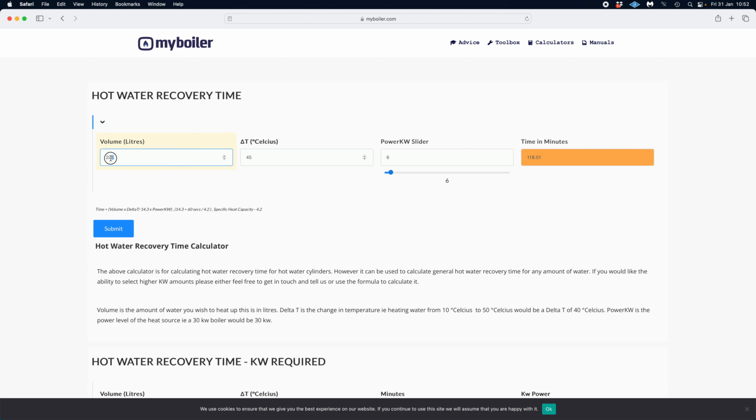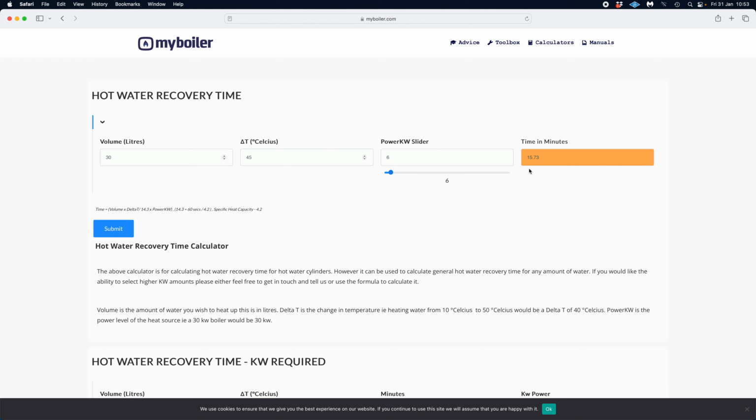So let's pull up 30 litres, and we want to raise that, I would say again, to around that 45 degree mark. I mean, 30 litres of that is a 15-minute recovery time. 16 minutes almost. That's, to my mind, not something that anybody would need to worry about.